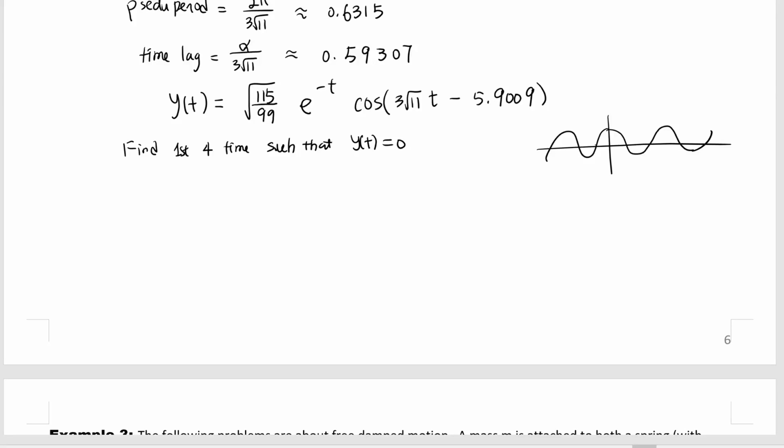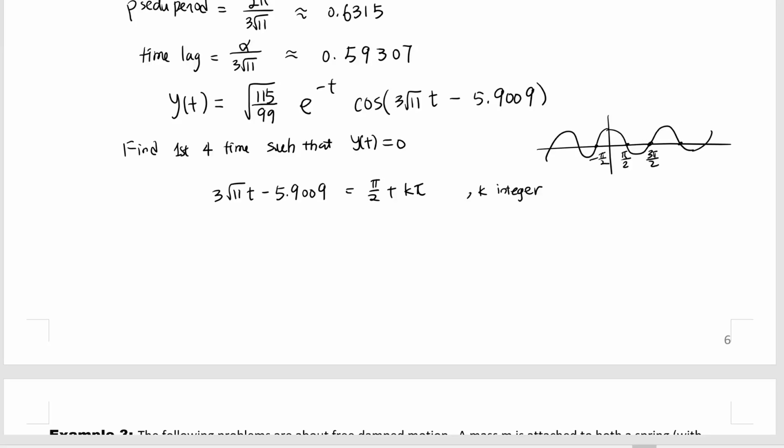You want to find where the cosine is 0. So what's inside my cosine? When is this 0? That means the angle inside my cosine should be pi over 2 plus k pi, right? Because pi over 2 gives 0, and 3 pi over 2 gives 0, and negative pi over 2 gives 0, so k is any integer.